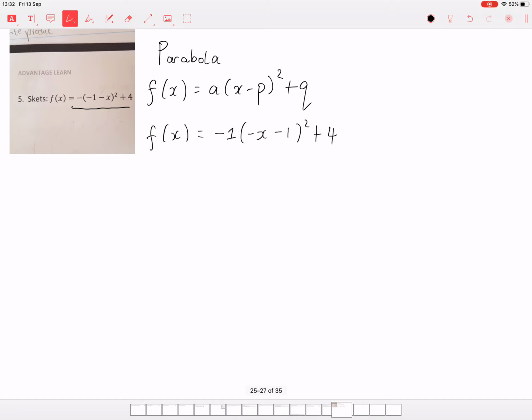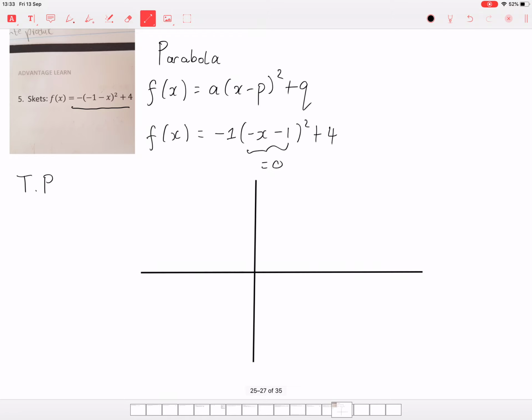And the reason why we make the inside of these brackets equal to 0 is this will help us identify what our turning point is, TP, turning point. So remember, when you draw a parabola, it has a shape or direction, and it has a turning point. The shape and the direction of a graph, how do we do that?